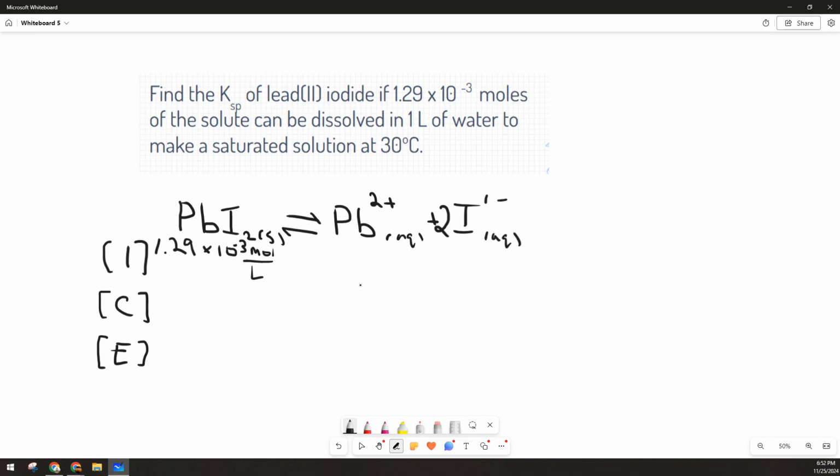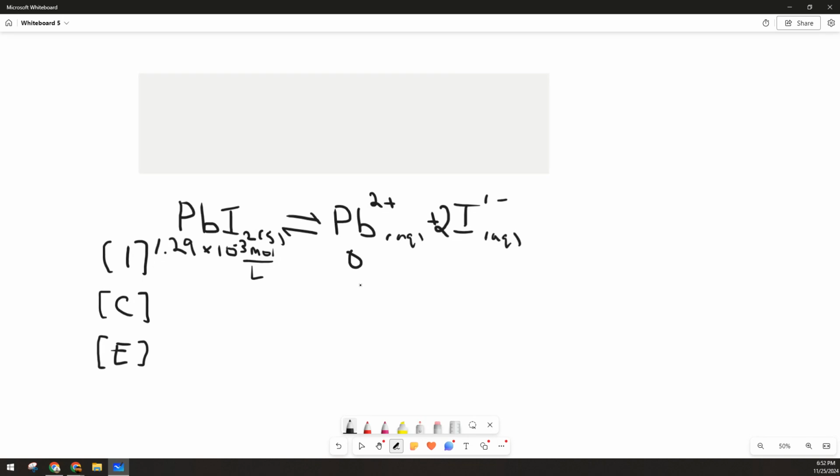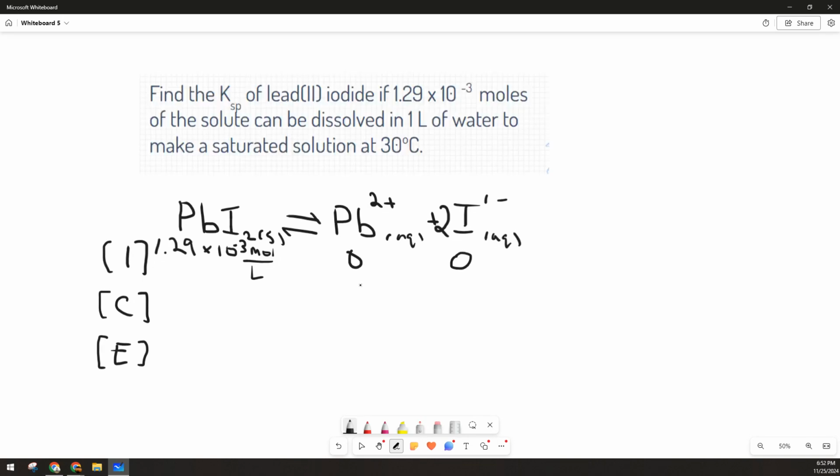And even though solids don't have concentrations, I like to put that there as the initial concentration to imagine taking that ionic compound and dissolving it in water. For every 1 mole of lead 2 iodide which dissolves, we'll produce 1 mole of lead ions. So if we dissolve 1.29 times 10 to the negative 3 moles of lead iodide in a liter of water, that will produce 1.29 times 10 to the negative 3 moles per liter of lead ions.